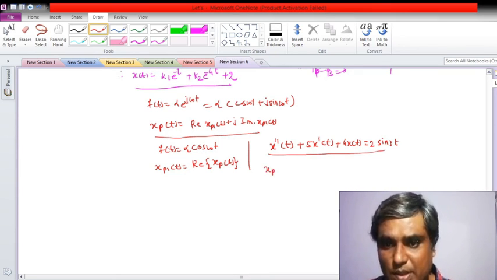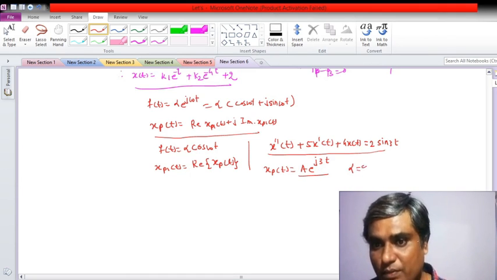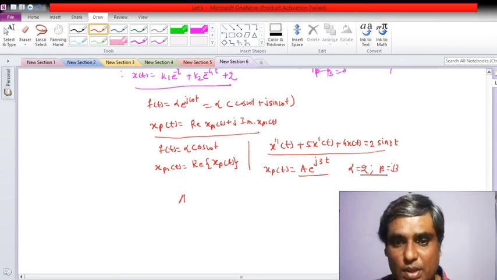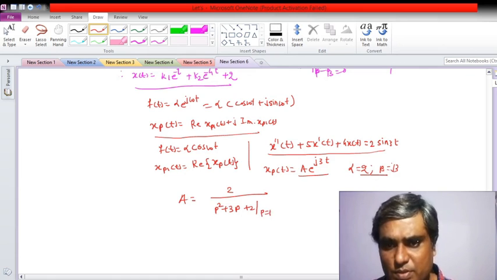Now what will be my particular solution? xp of t you can write as a e raised to j omega t, where j omega is 3j, times t. What is my alpha now? Alpha is 2, beta is j3, and a will be equal to alpha, 2, divided by the characteristic equation, the same one, p square plus 3p plus 2, with p equal to beta, which is 3j.